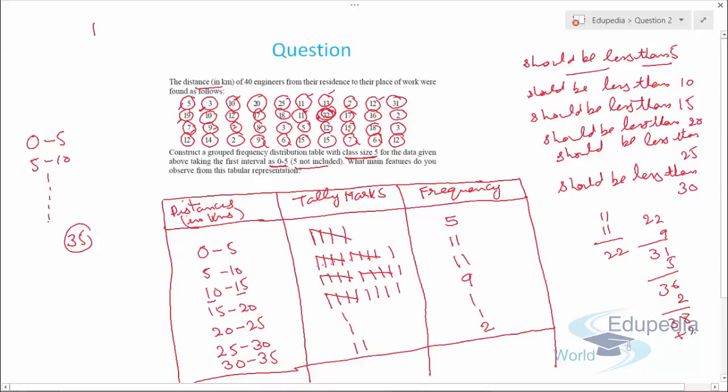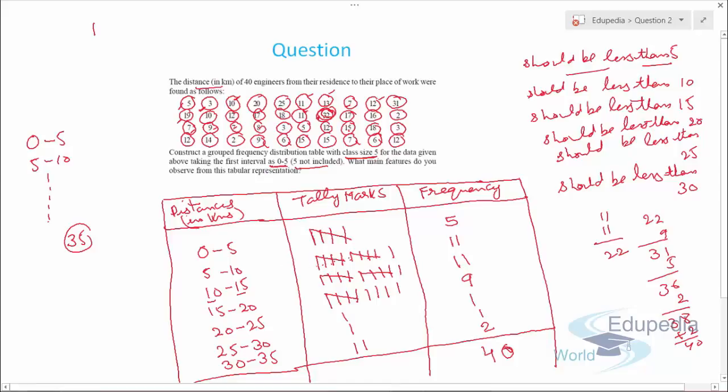And 38 plus 2 is 40. So the sum of frequency is correct. So this is 40, right? So this is how we draw the frequency distribution table when the data is large and we need to use the tally marks to make counting easier, right?